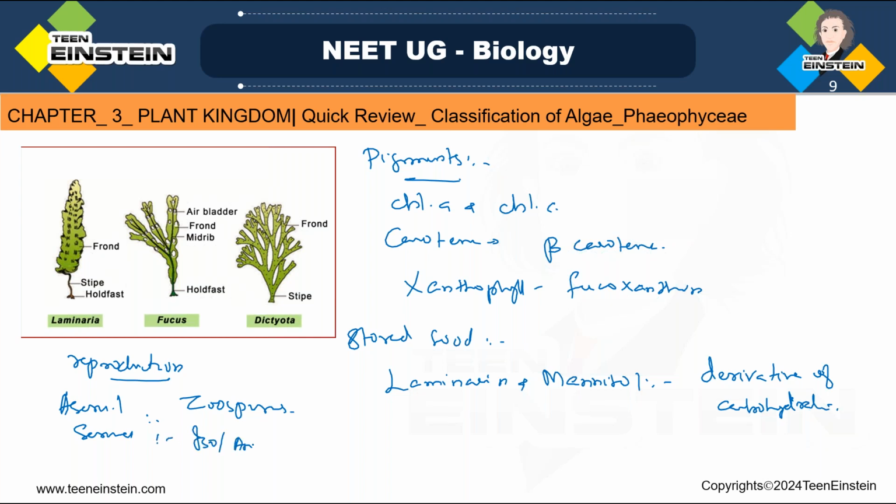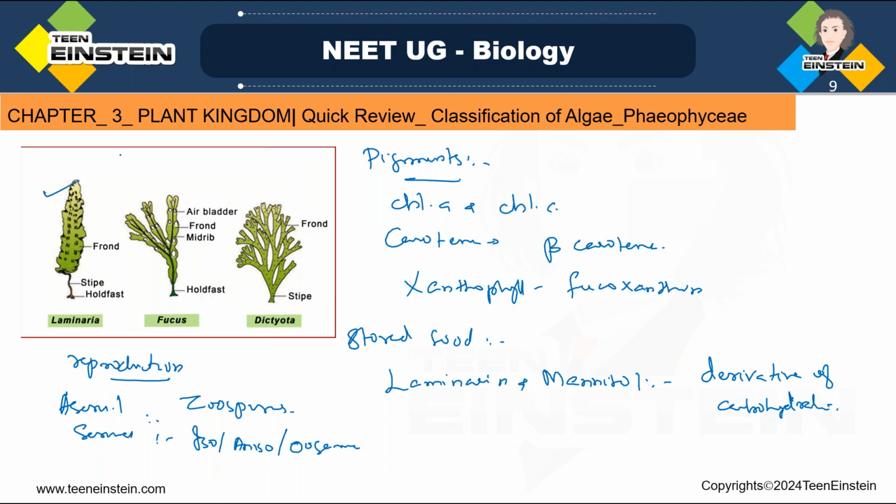Any type of sexual reproduction you can see. And here you need to mention that sargassum, an example of brown algae, is used as food, and laminaria is also used as food, and iodine and bromine both are obtained from laminaria. Clear this one?